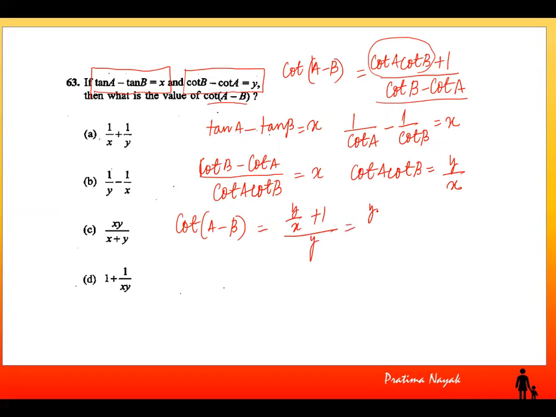Simplify. This will be y plus x by xy. Is there an answer? It is not there. Yes, it is there. Y by xy plus x by xy. Then what are you getting? You are getting 1 by x plus 1 by y. So the answer is A.